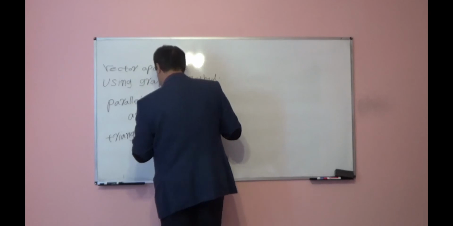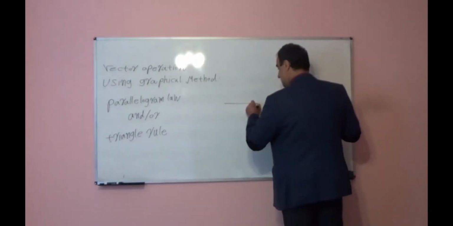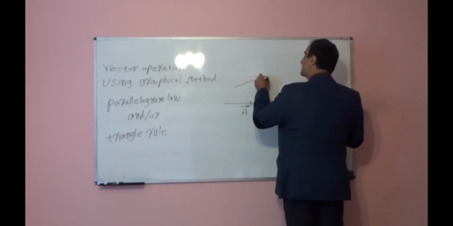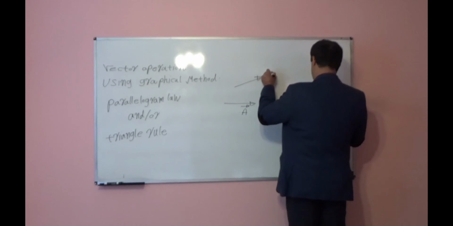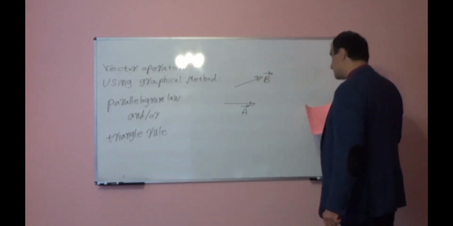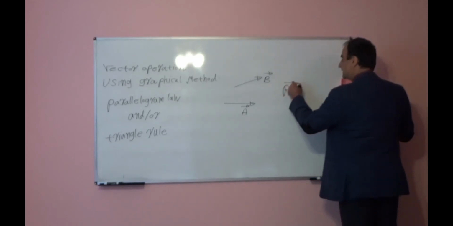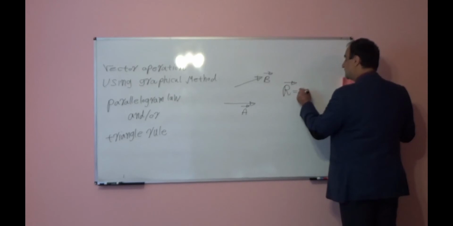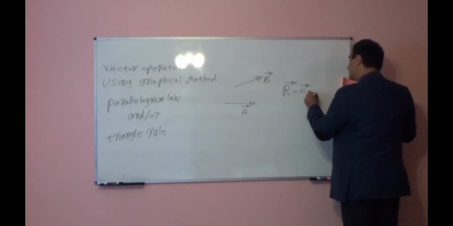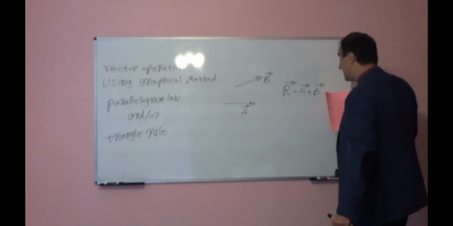Both are similar. Assume we have two vectors like vector A and vector B. We want to add these two vectors. We want to find resultant vector is equal to vector A plus vector B. So vector addition.